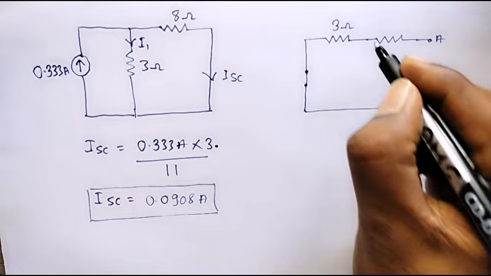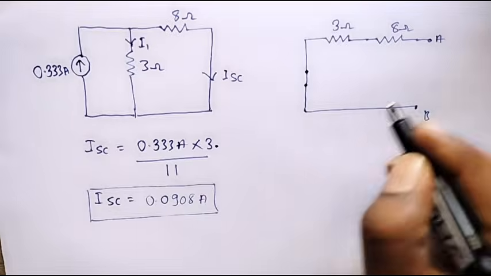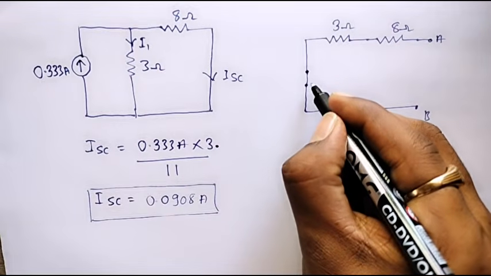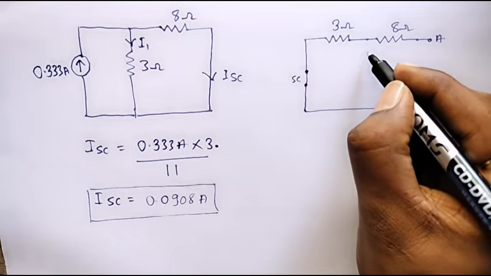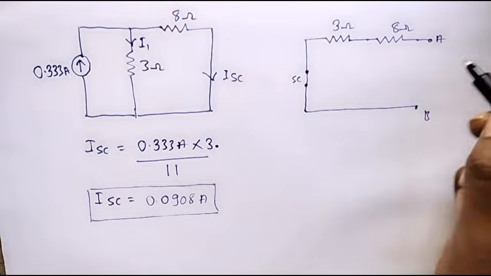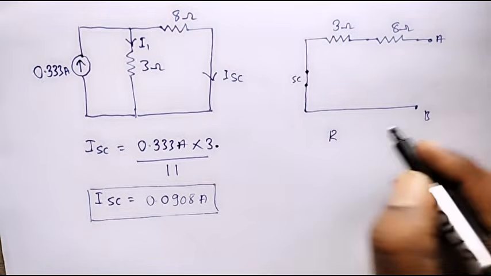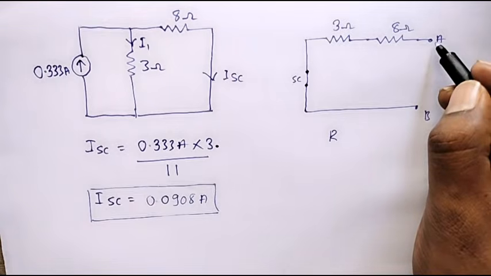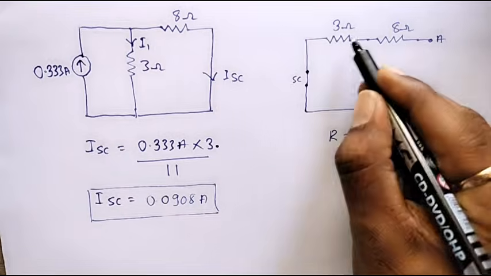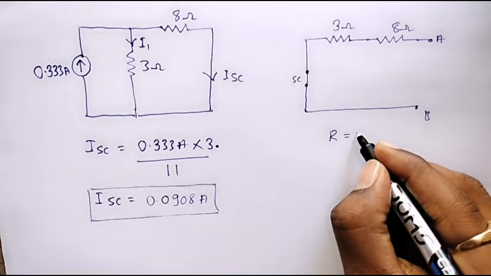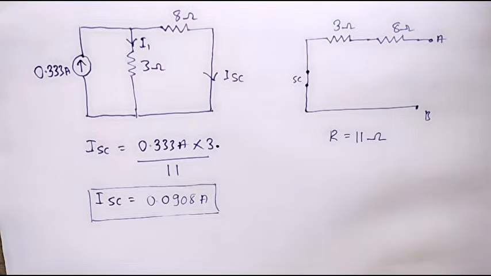This is the 3 ohm resistor and this is the 8 ohm resistor. Here the voltage source is shorted, and here there was a current source. I have open circuited it. So now the resistance R between terminals A and B is equal to, as the 3 ohm resistor and 8 ohm resistor are in series, R is equal to 11 ohm.